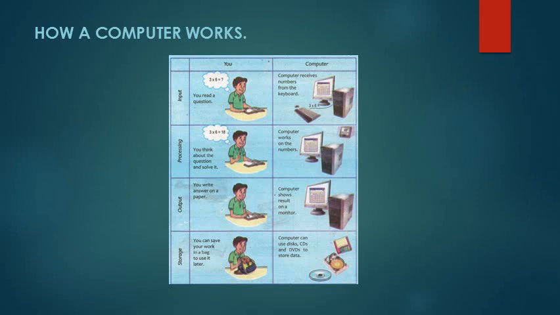That is, number 1 input operation, number 2 processing operation, number 3 output operation, and finally storage operation. This comparison shows us that problem solving techniques of both computer and human being are the same. In the next slide, we will discuss these 4 computer operations.